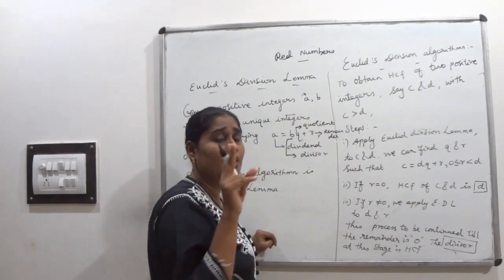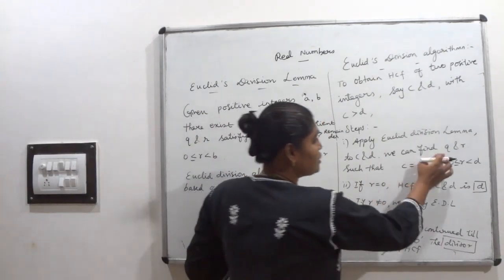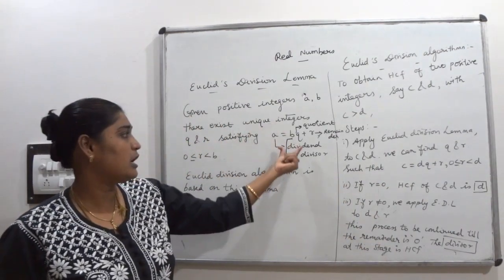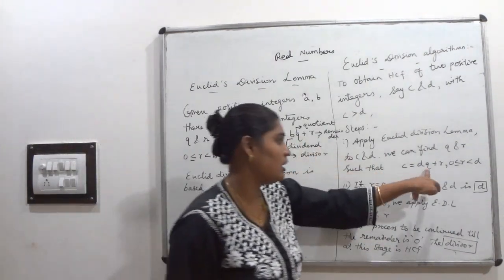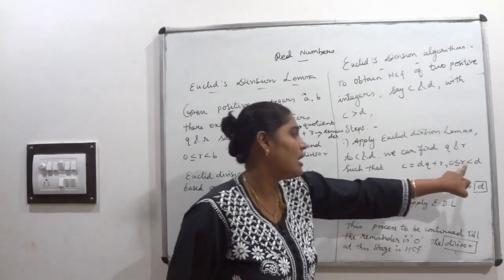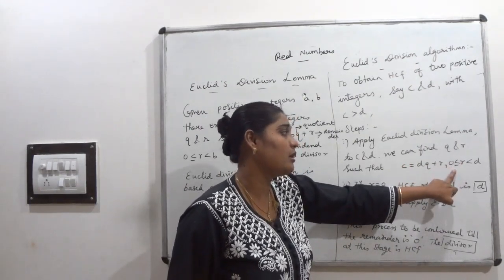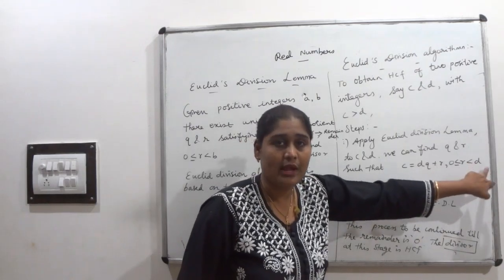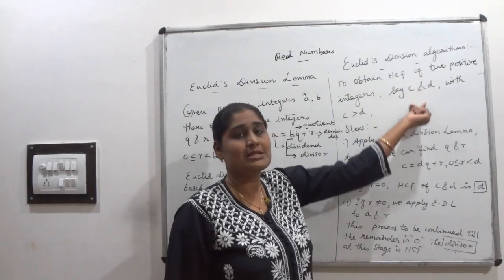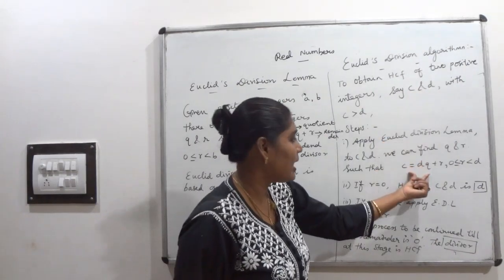While dividing, you will get the quotient and remainder, that is q and r. You know the condition of the lemma, that is a equal to bq plus r. That only I have written here: c equal to dq plus r, where r is greater than or equal to 0 but lesser than d. Why have I written c and d here? Because I have taken the two numbers, that is c and d.